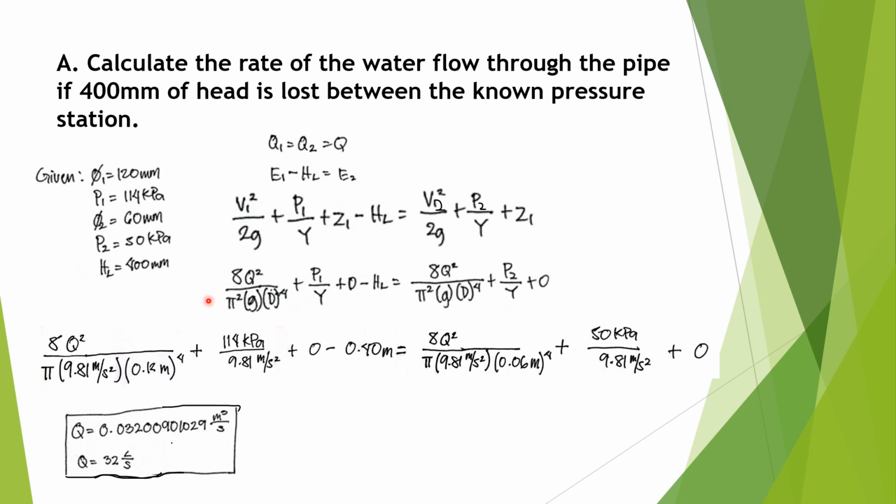It is 8Q squared over pi squared times gravity times the diameter to the power of 4, plus P1 over the unit weight plus the height, which is 0, minus the head loss, equals 8Q squared over pi squared times gravity times the diameter to the power of 4, plus pressure 2 over the unit weight plus the height, which is 0.